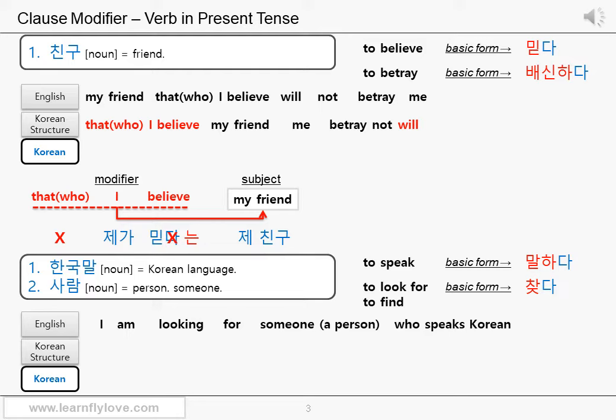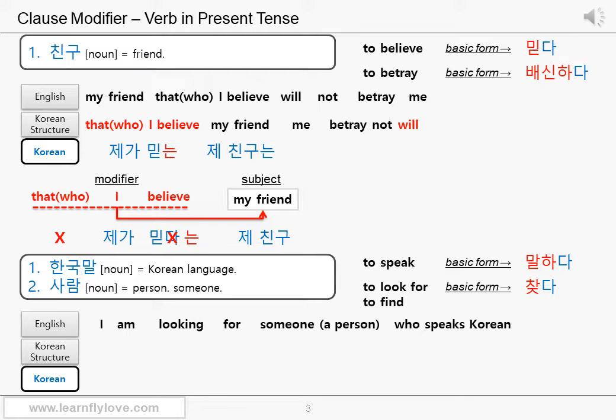Let's use shorter one, 제, because we all prefer shorter ones in any language. Friend is 친구. My friend, 제 친구. That I believe. 제가 믿는. My friend, 제 친구. 제가 믿는 제 친구. My friend that I believe.